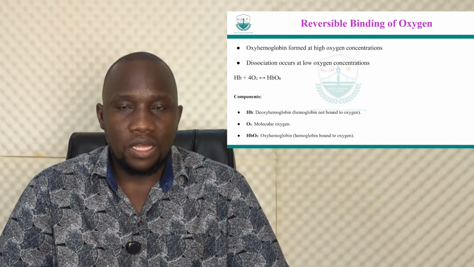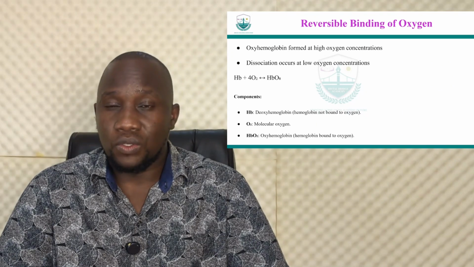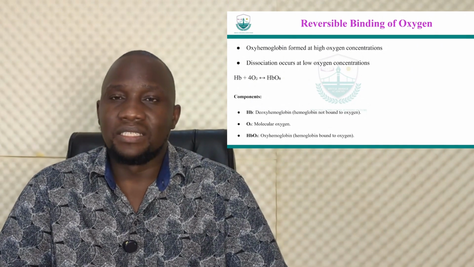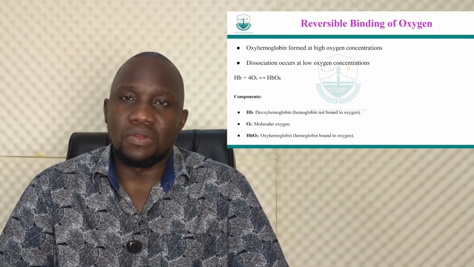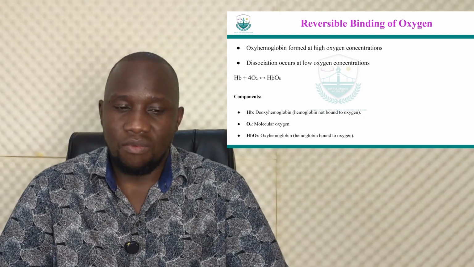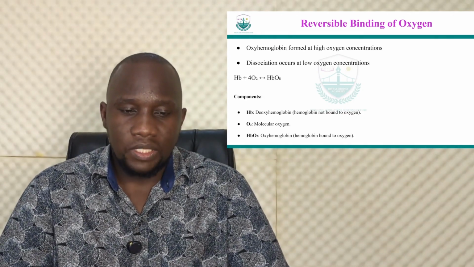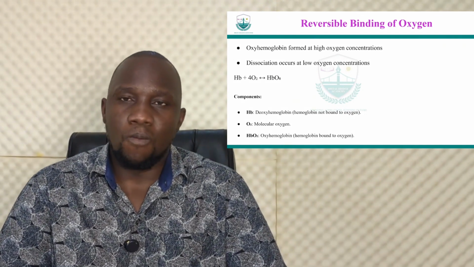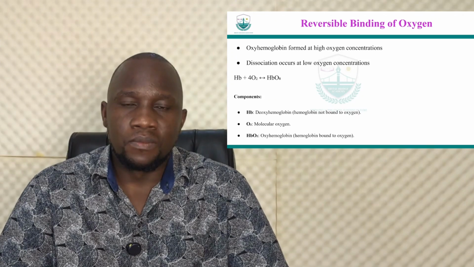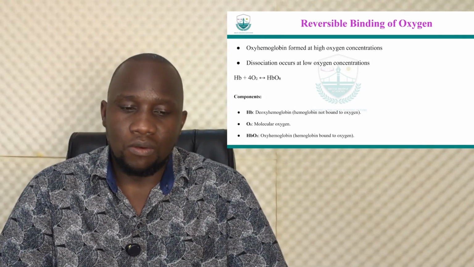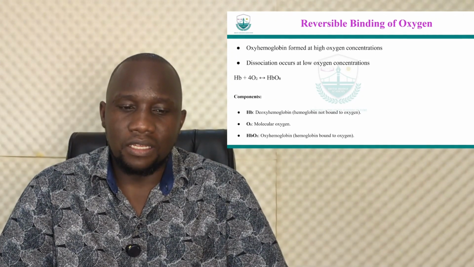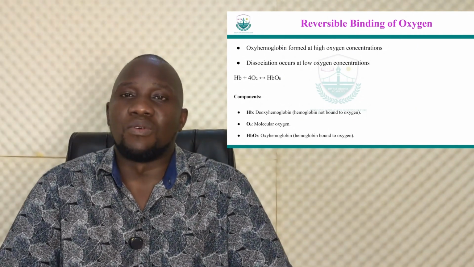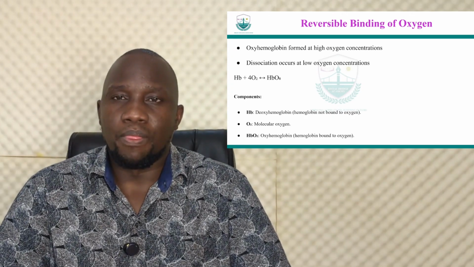Okay, so we are talking about oxygen, but similarly, you can have carbon dioxide basically combining with hemoglobin. Okay, so the deoxyhemoglobin is the hemoglobin that does not have oxygen bound to it, and then of course, the molecular oxygen that we have just shown there, and the oxyhemoglobin is the one where you have hemoglobin bound to oxygen.